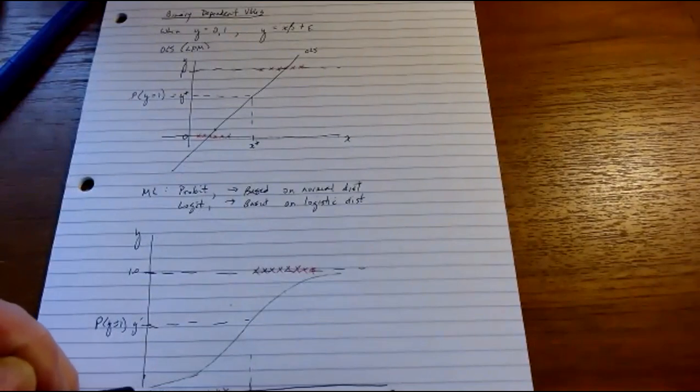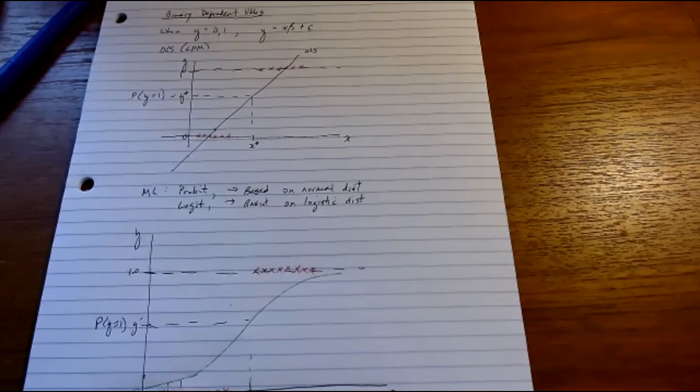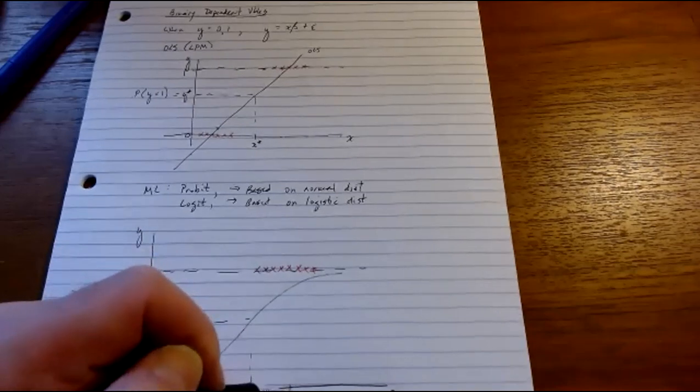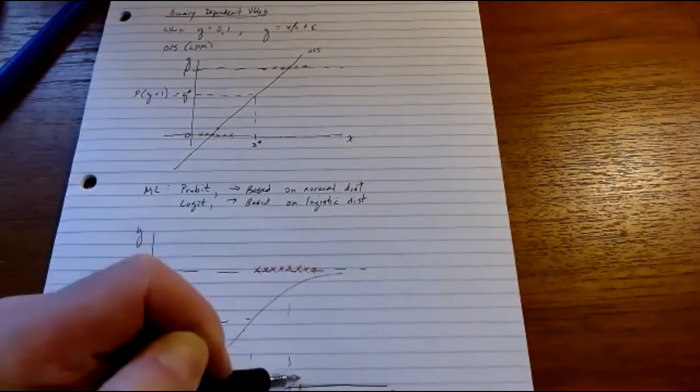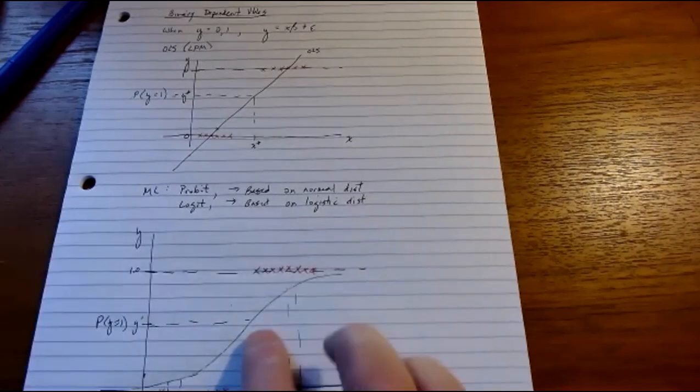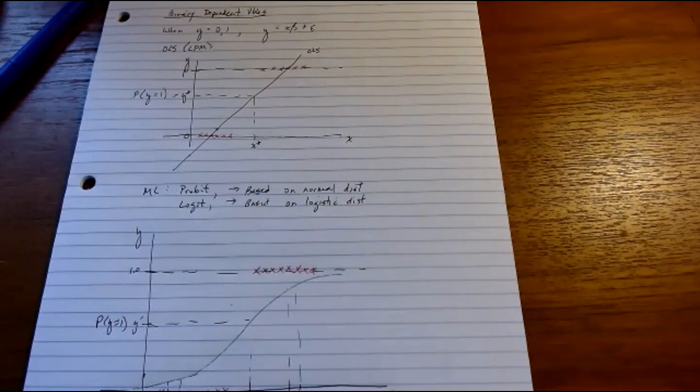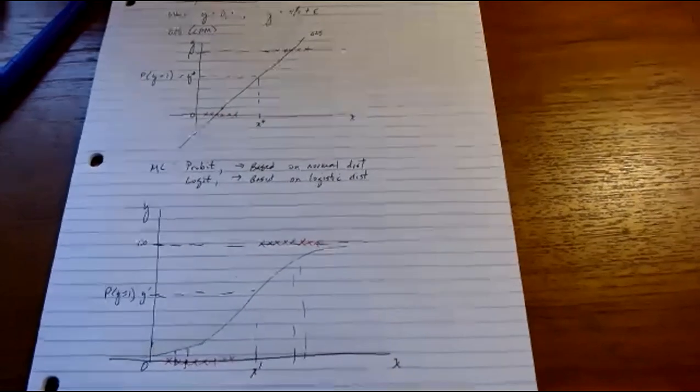If we measure that 1 unit change here, the difference in the expected value of y is quite different than if we measure that 1 unit change up here or just about anywhere else. And so the magnitude of the effect of x is always changing as we move along this regression line, and that makes life more complicated. Okay?